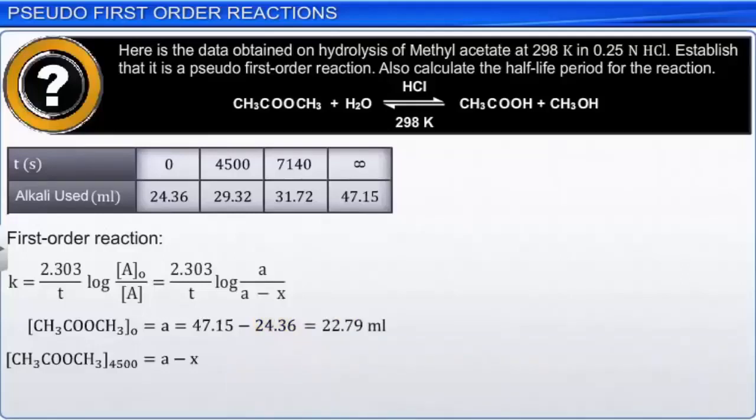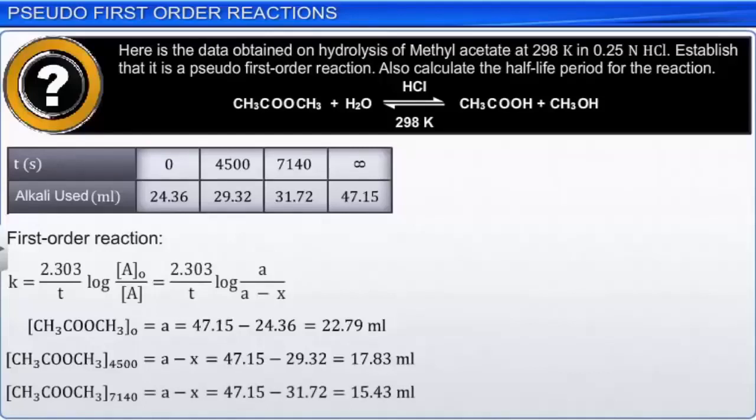Similarly, the concentration of methyl acetate at 4500 seconds is 17.83 milliliter. And at 7140 seconds is 15.43 milliliter.